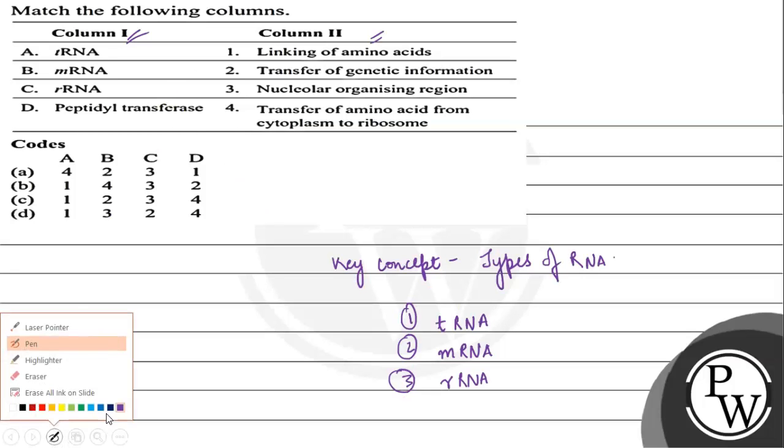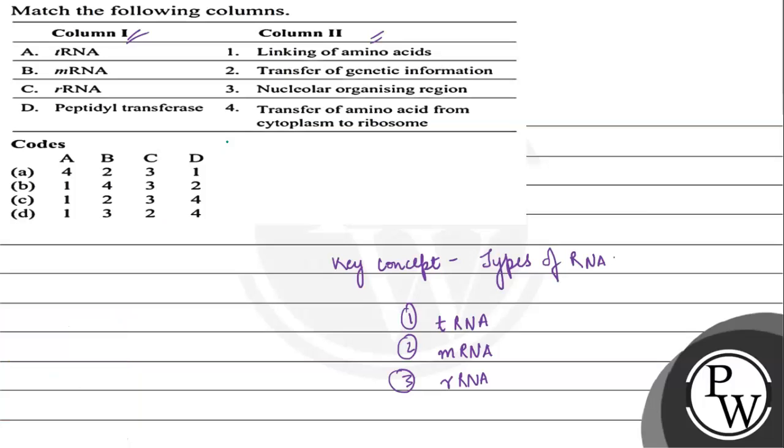Let us look into it. First of all, we'll be talking about mRNA, since we are all very familiar with mRNA. So we'll be checking for mRNA. mRNA is transfer of amino acid from cytoplasm to ribosome, nucleolar organizing region, transfer of genetic information.